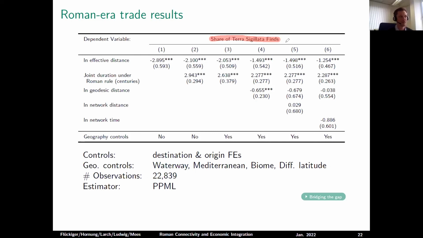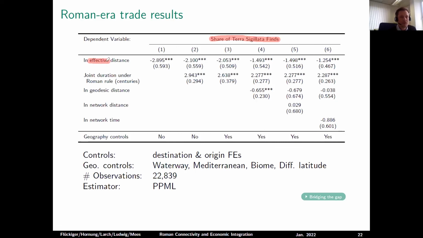This is just a technical difficulty that we had. The share of terra sigillata finds in grid cell i that is derived from production site j should be larger the closer it is, right?